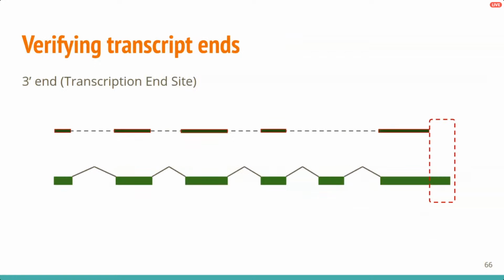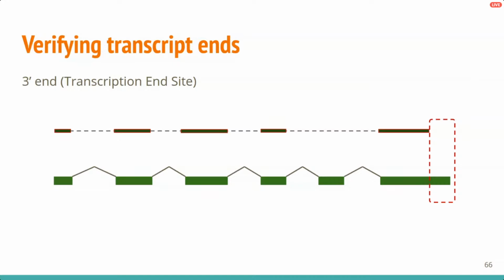Another problematic thing is transcript ends, since I already mentioned that reads can be truncated, and it applies mostly to nanopore reads, since when you use PacBio CCS, you usually know whether you have a complete read, because you can see the adapters and so on.